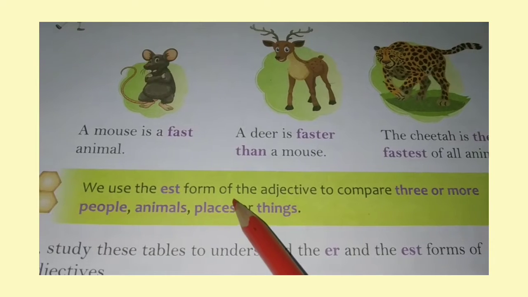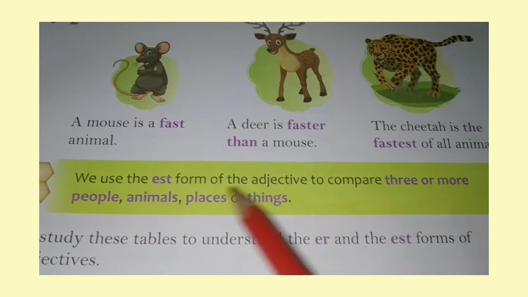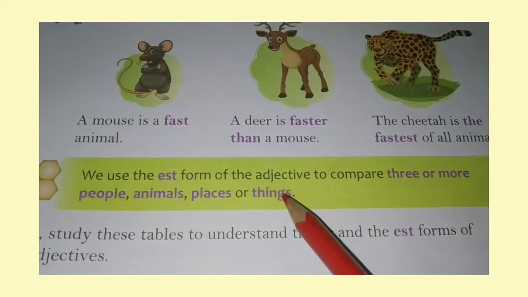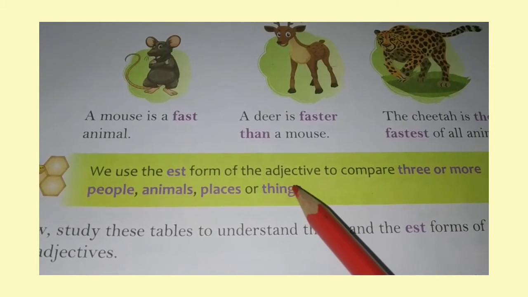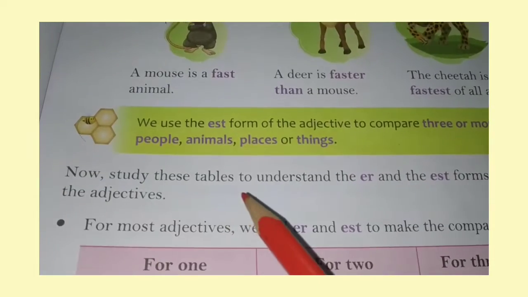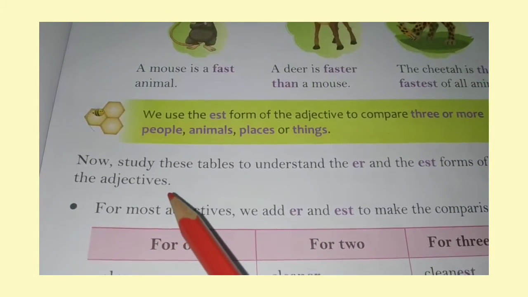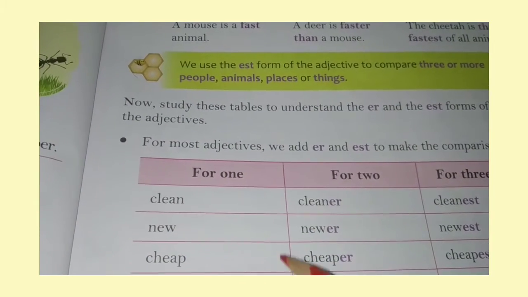We use the est form of an adjective to compare three or more people, animals, places or things. When we compare more than two or three, we use est with that adjective, which is known as superlative. Now study these tables to understand the er and est forms of adjectives. Tables are given in your textbook.